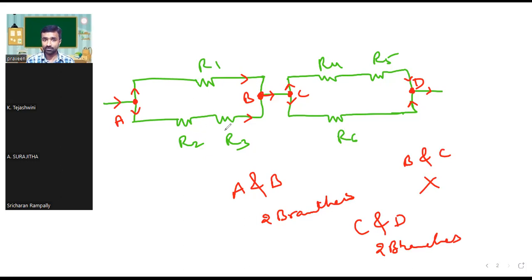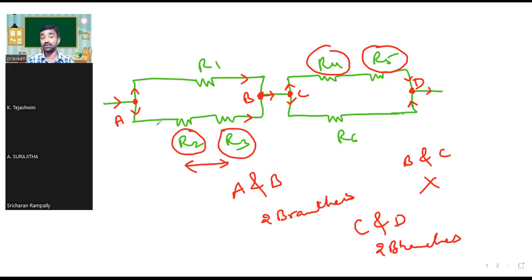Yes, I am able to find more than one. R2 and R3. Here also there is one more, R4 and R5. So here they are connected in the same branch or in a single path, right? Between any 2 fixed points, in a single path, they are said to be in series combination, right?